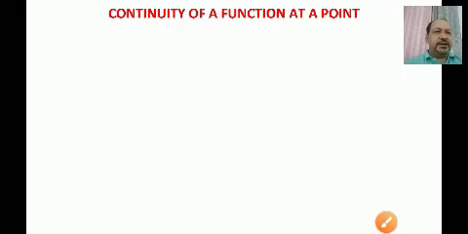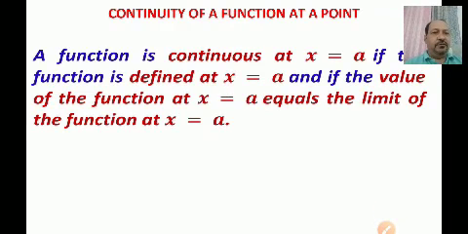Continuity of a function at a point. A function is continuous at x equal to a if the function is defined at x equal to a, and if the value of the function at x equal to a equals the limit of the function at x equal to a.